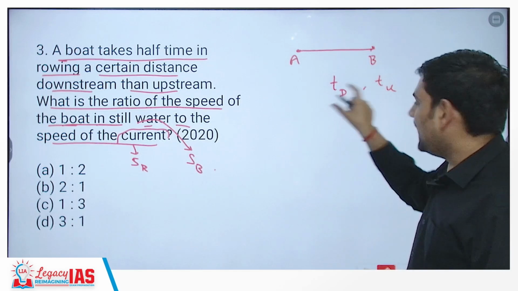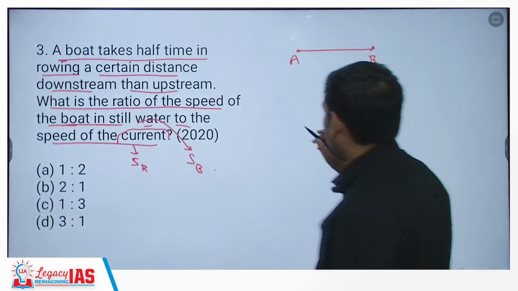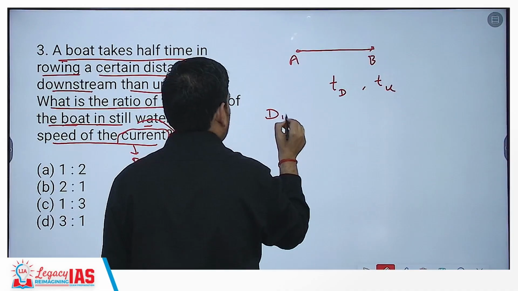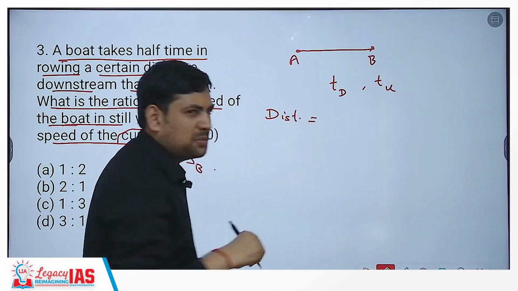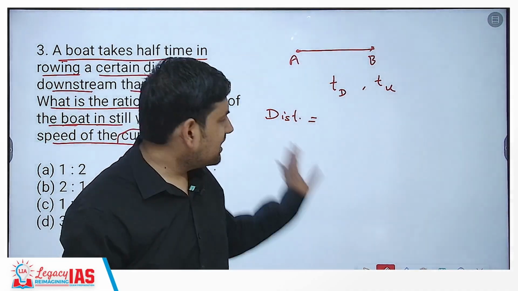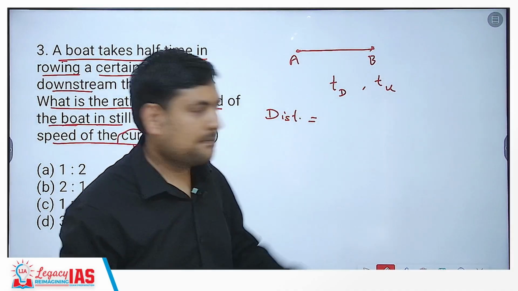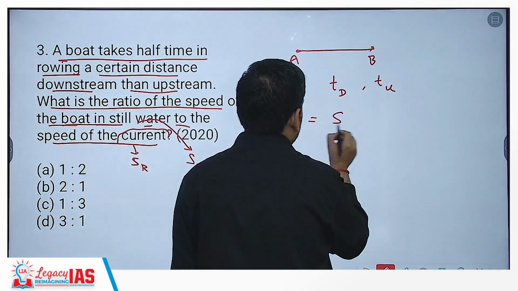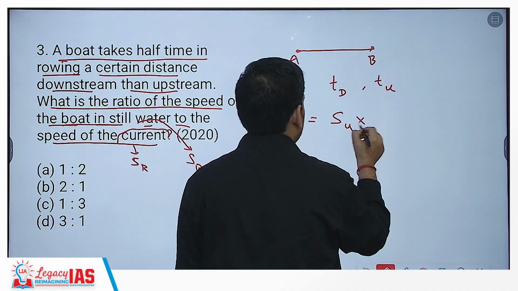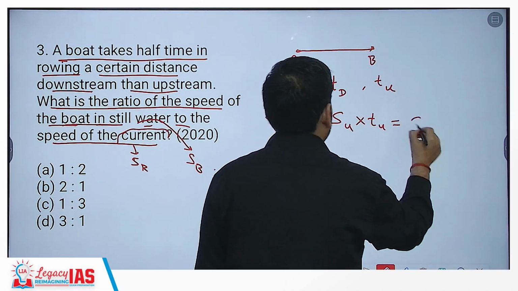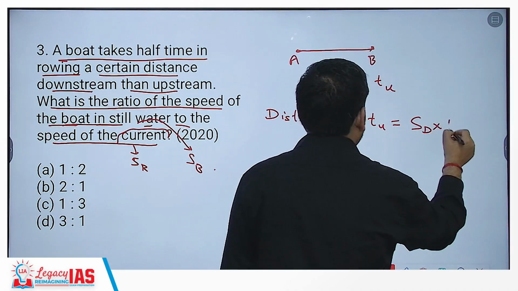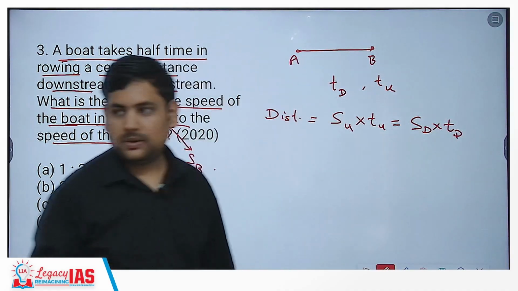So time taken, if the distance is same, as we had done in distance constant problem, what we have done, distance is equals to speed into time. So if you see here, it will be speed while going upstream into time taken upstream is equals to speed while going downstream into time taken while going downstream.